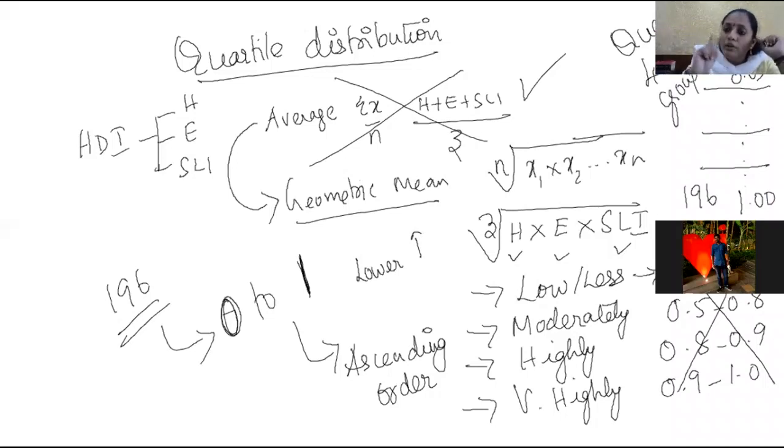So don't go into the division of the countries, because when you divide the countries, 2 countries having the same value will become a problem. So what I'm asking you to do is take the total of the HDI value and go into the 25th percentage, 50th percentage, 75th percentage of the HDI value. Don't go to the total number of countries.